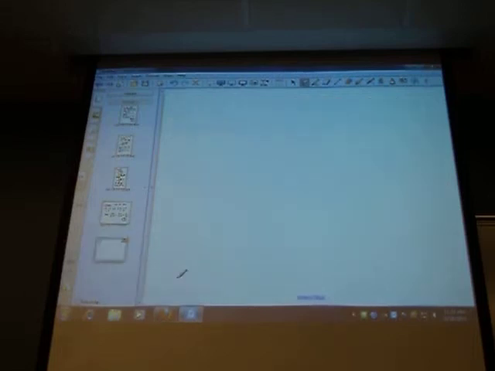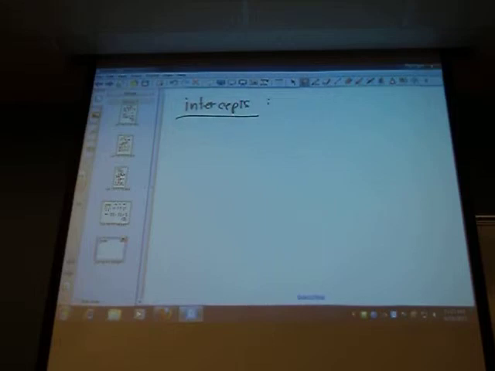Okay, let's talk about intercepts now. What is the definition of intercept? Can someone explain that to me? Where it actually crosses the axis of the line, like the y-axis or the x-axis. So, yes, the intercepts are where the line crosses the x or y axis.